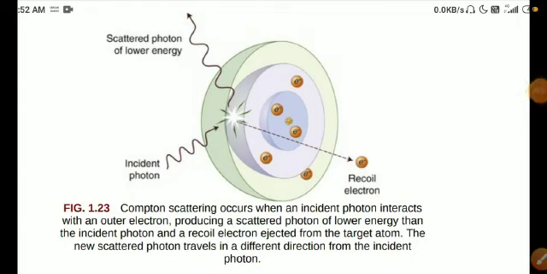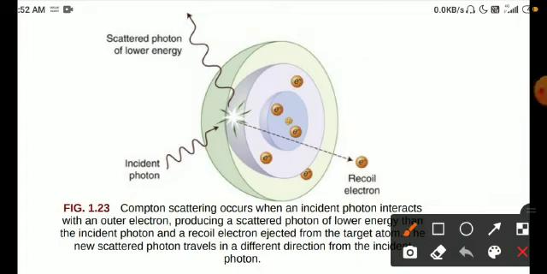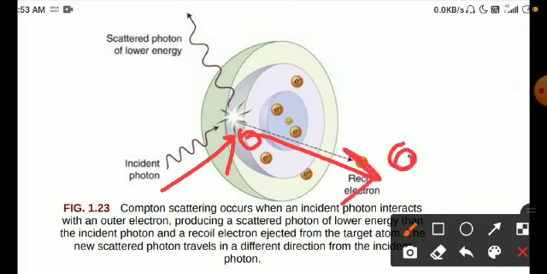In Compton scattering, the incident photon does not lose its whole energy like in the photoelectric interaction. The incident photon only gives a small amount of energy to the outer orbital electron, which is needed to release it from its binding energy and eject it from the atom, and it gains some kinetic energy.